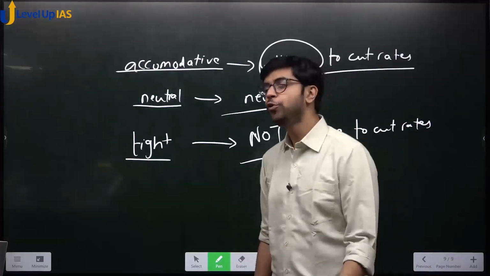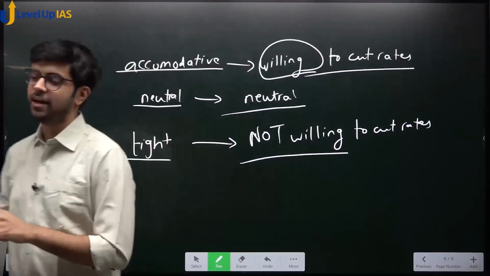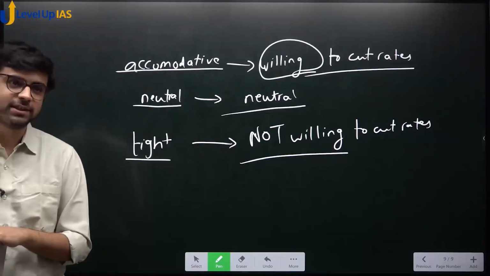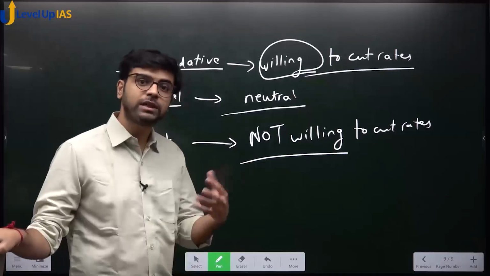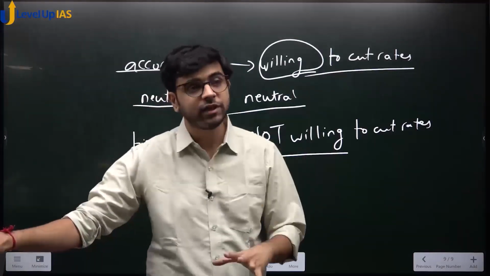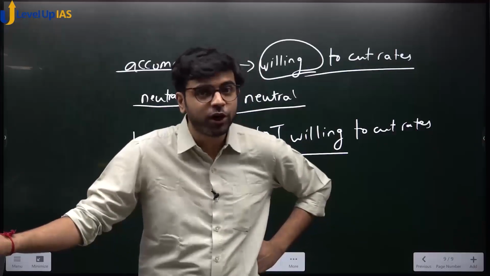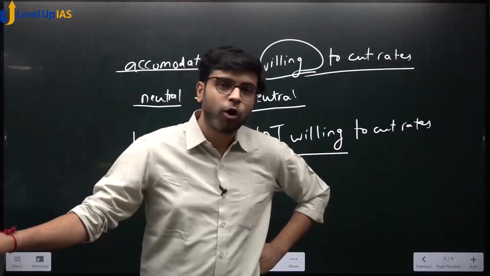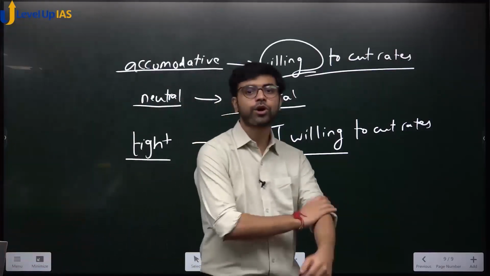Samjha? Now, what do you think monetary policy would be taking into consideration when deciding to take actions, when deciding to take one stance? It looks at local inflation, it looks at state inflation, it looks at Indian inflation, it looks at global inflation also. Sir, why global inflation? Because we are importing a lot of things. So let's say now oil prices are at an all-time high. If you go to buy normal vegetable oil, your cooking oil also.